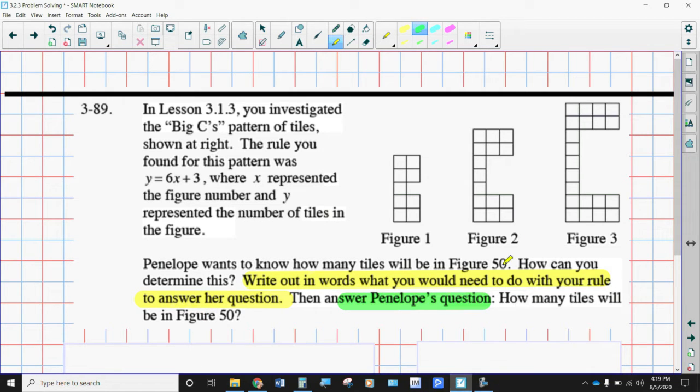Please take a moment to think about this rule and how you would answer that question. What is the work that you need to do? Just a brief sentence or two explaining how you would figure this out, and then declare the answer properly. I'll go ahead and pause, you go ahead and pause, and then when I come back, we'll reveal the answer.